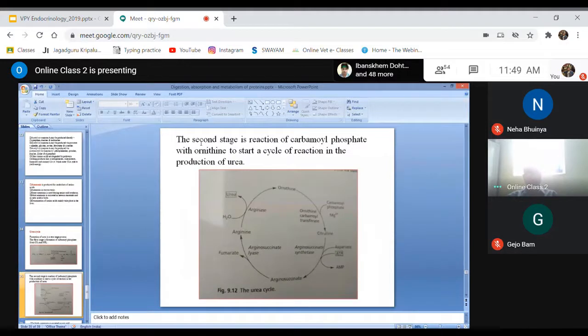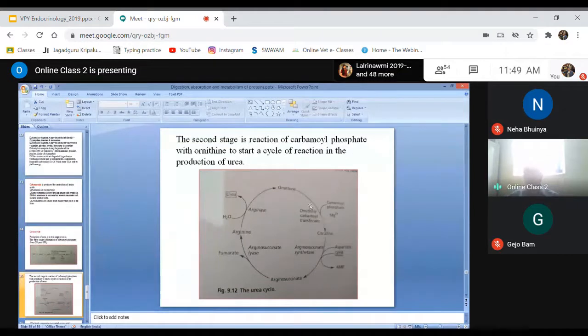Then the second stage is reaction of carbamoyl phosphate with ornithine to start a cycle of reactions in the production of urea. From ornithine plus carbamoyl phosphate, citrulline will be produced, then argininosuccinate will form, and after that arginine, then there will be yield of urea, and there will be production of ornithine.